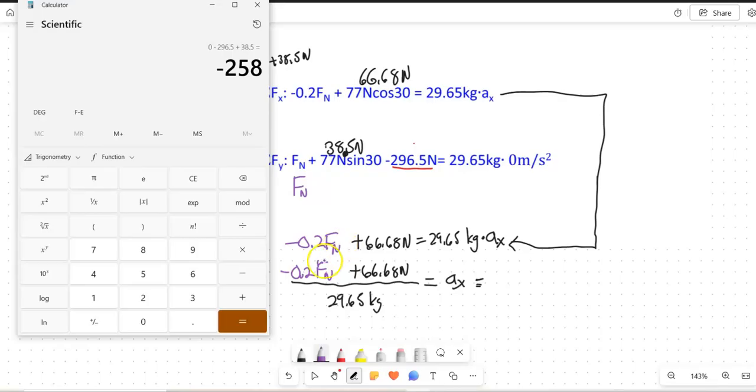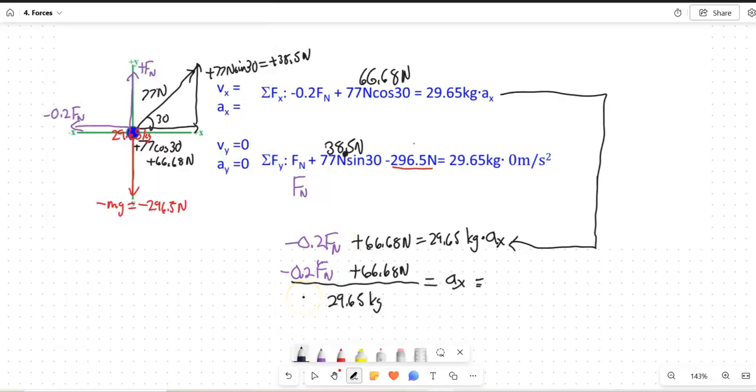All right. So that's going to be equal to minus 258 newtons. And that's going to be equal to 0. So what that means is our normal force is going to be equal to 258 newtons. Let's go ahead and plug that into right there.